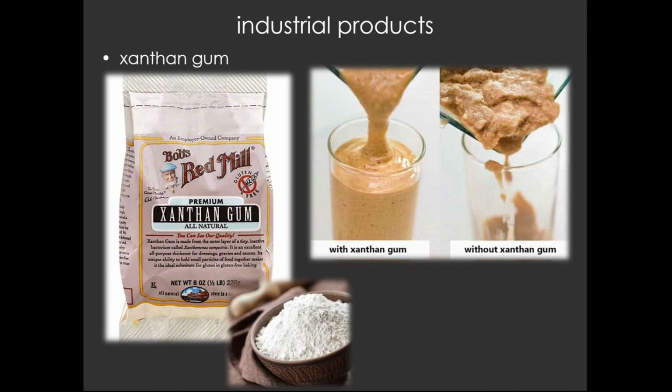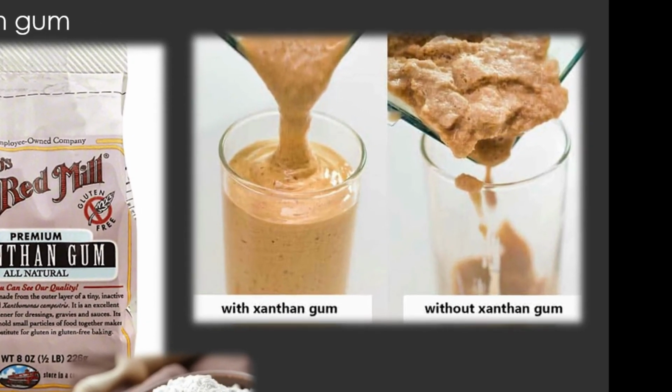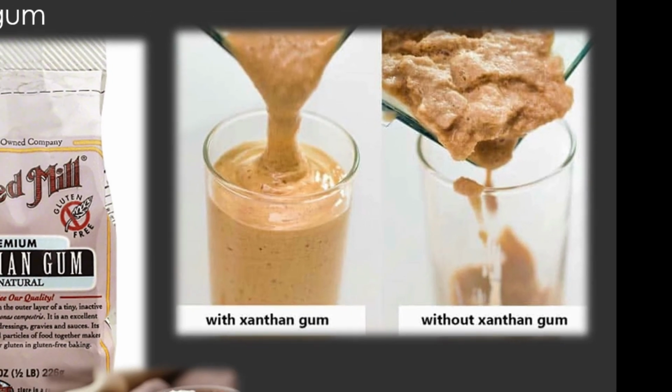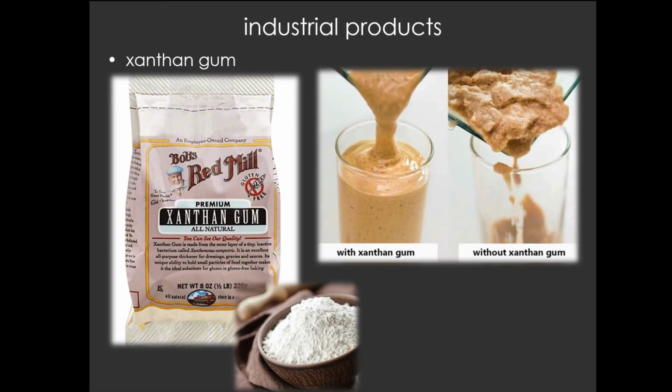So here you have one made with xanthan gum, one without, and so the xanthan gum creates this creamier, more appetizing look to the product. Xanthan gum is found all over the place. It's found in hot sauces, ice creams, and it's produced by bacteria of the genus Xanthomonas.